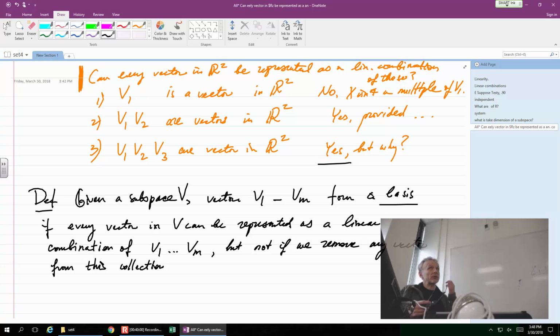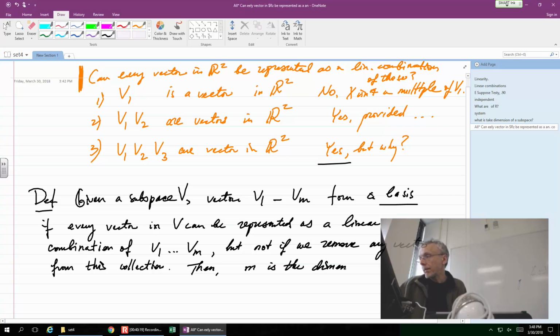It satisfies the property we're looking for at the top, and it is also minimal, so there is no redundancy. Okay, and then the key step is that in that case, m is the dimension of V. So in other words, how many elements you need in a basis.